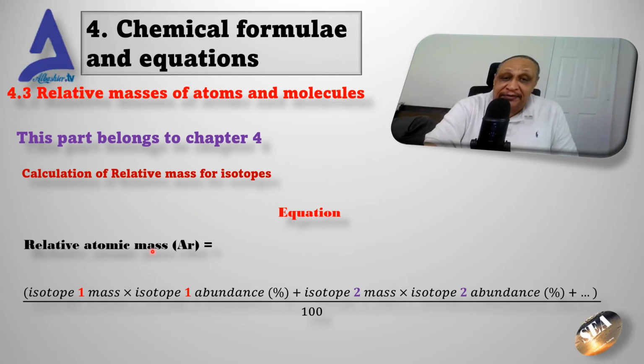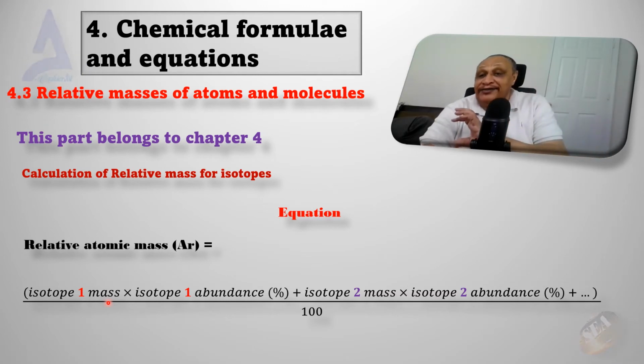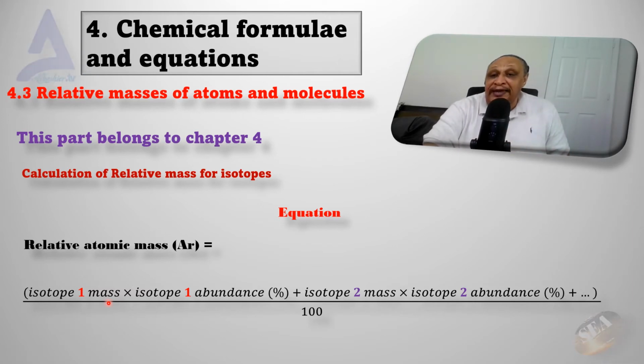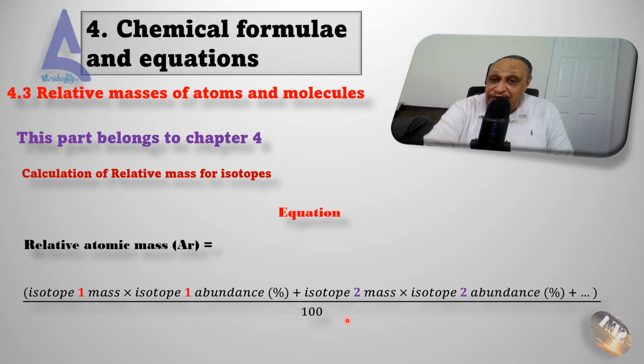The relative atomic mass, whose acronym is AR, equals isotope 1 mass, because I have different isotopes and I would like to come up with the weighted average mass for them, multiplied by isotope 1 abundance, that means the contribution of isotope 1 in the community of this atom, plus isotope 2 mass multiplied by isotope 2 abundance percent, that means the contribution of isotope 2 in this atom's isotopes community.